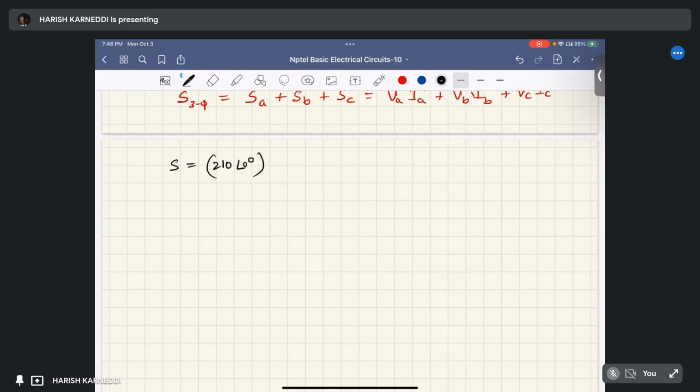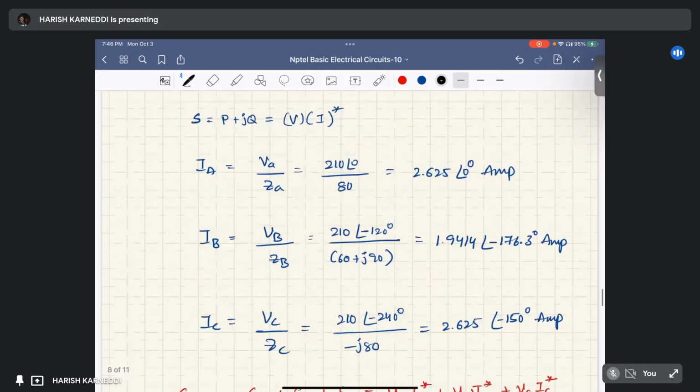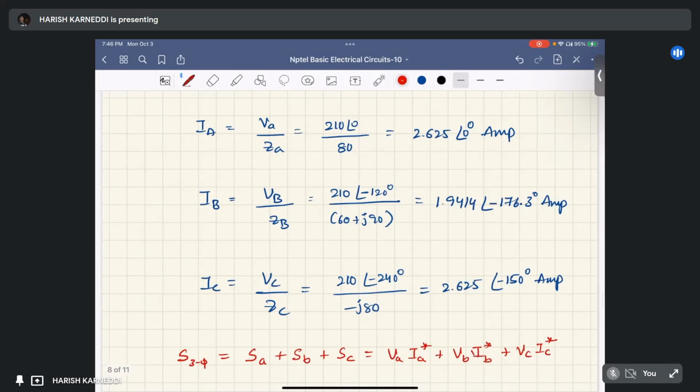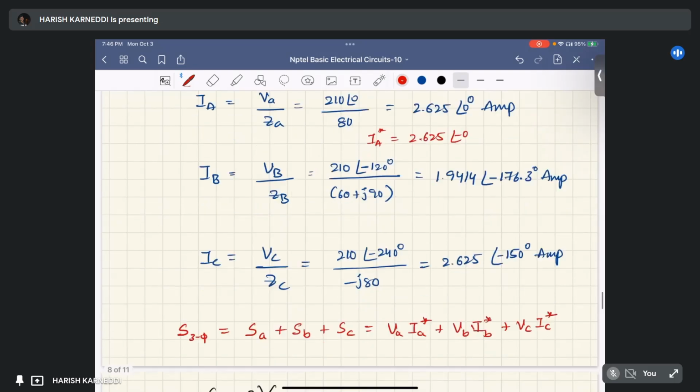What is the IA value? 2.625 at an angle of 0. What is IA conjugate? IA conjugate is 2.625 at an angle of minus 0, right? Conjugate simply means the sign is reversed.